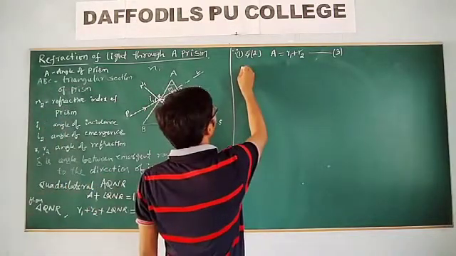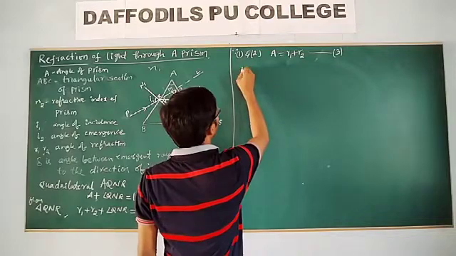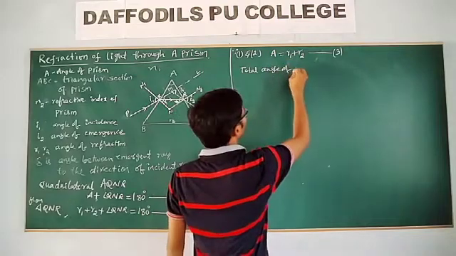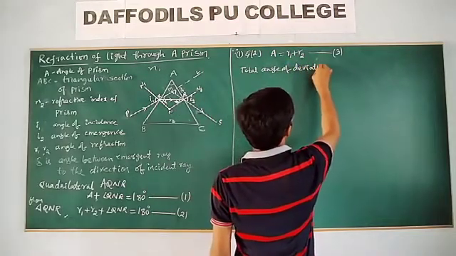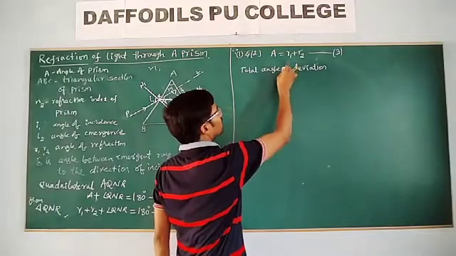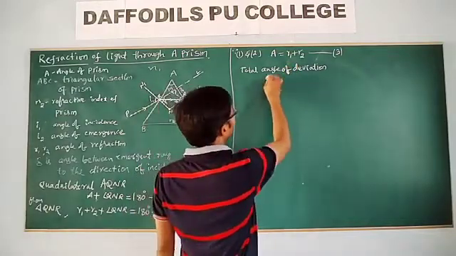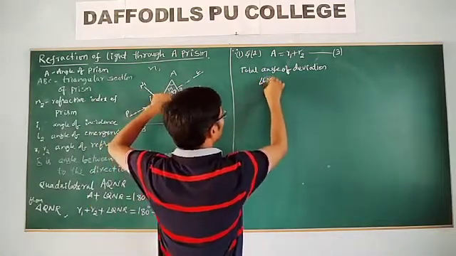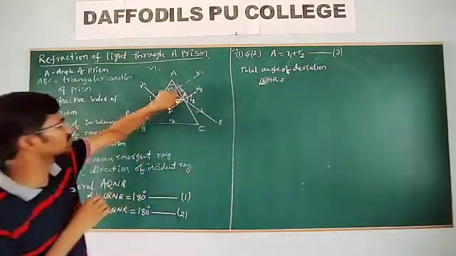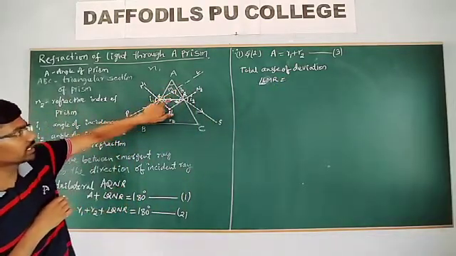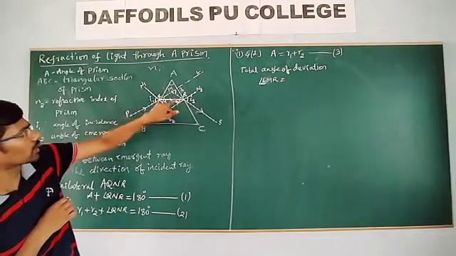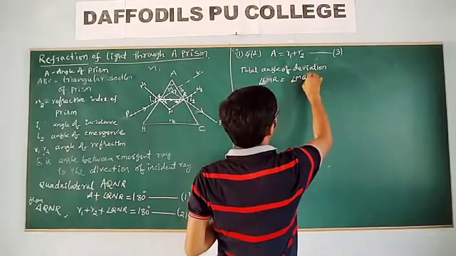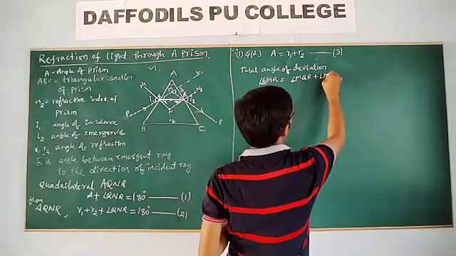Then the total angle of deviation, delta, which is nothing but angle LMR, is equal to the exterior angle, which must be equal to the sum of the interior angles MQR and MRQ.